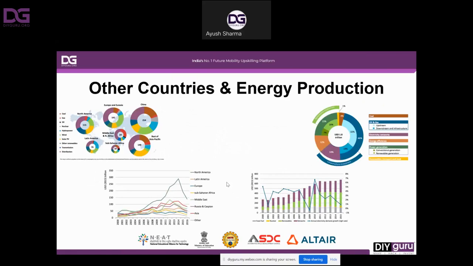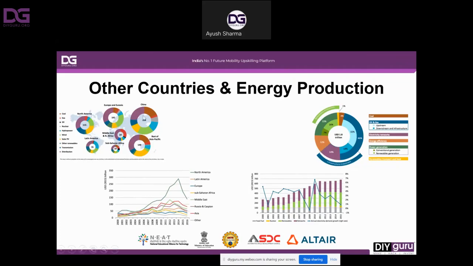If you see here, it shows how different countries or regions of the world are producing energy, and in what way: coal, gas, oil, nuclear, hydro, and wind, solar. These are the segments we have, such as China, Europe, North America, and the rest of Asia Pacific.